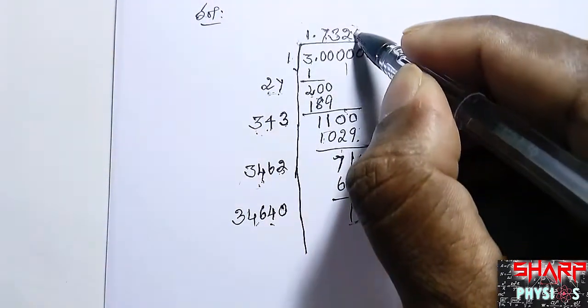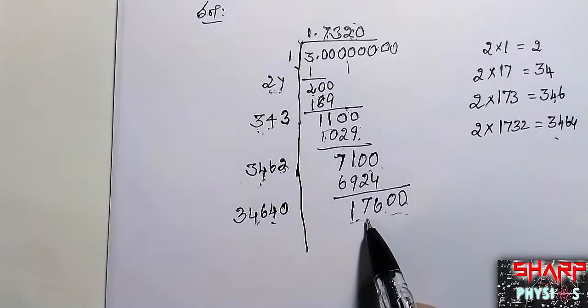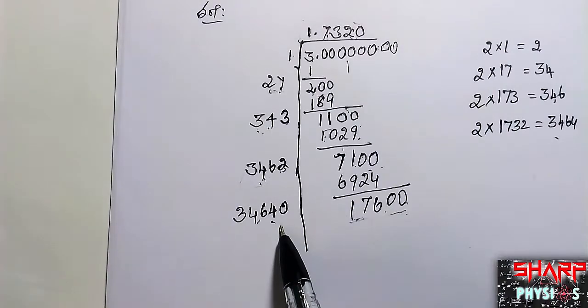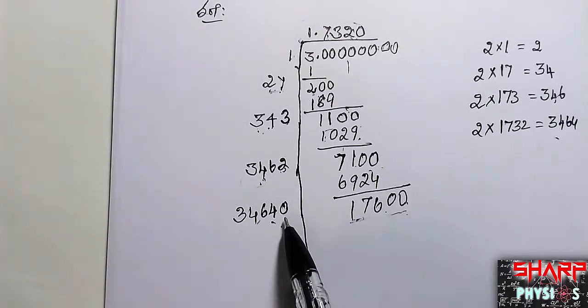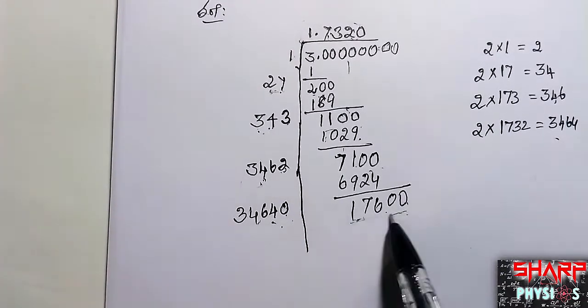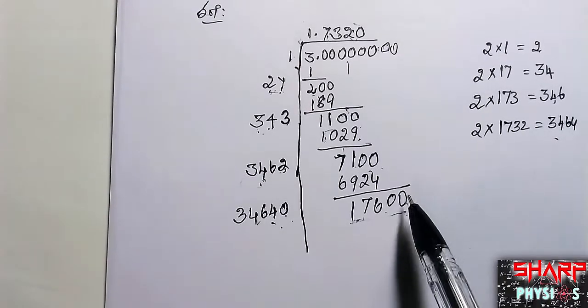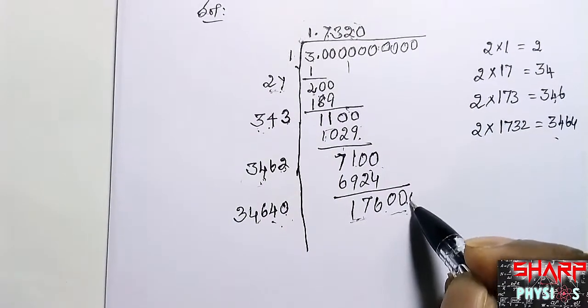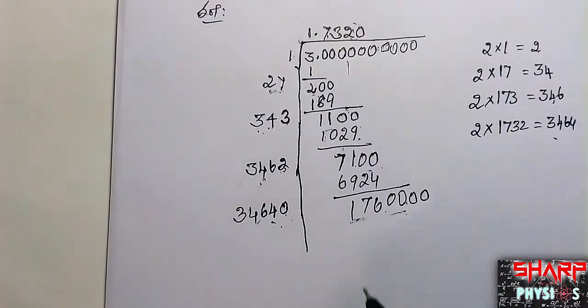And you have to place a 0 here. Listen very carefully, since it is very small compared to this divisor, we are using 0. Now this number has become very big and this is becoming smaller, so we are going to add another 2 zeros, and we are bringing those 2 zeros here.